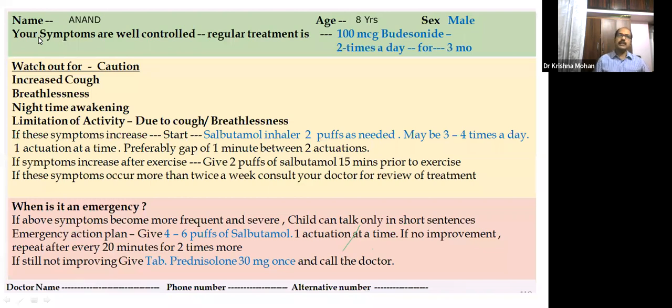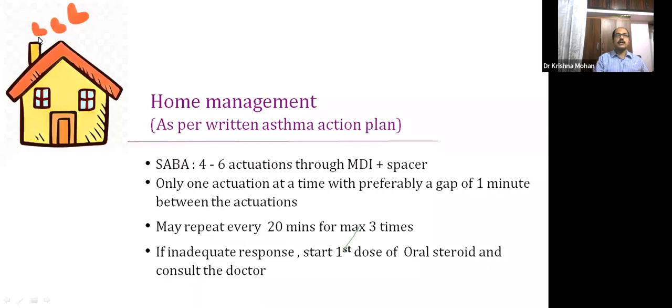And you tell them for what symptoms they have to suspect an acute exacerbation, and when they get an acute exacerbation, what they are supposed to do at home. A chart like this is what is called a written asthma action plan. That is very, very important in the management of asthma.